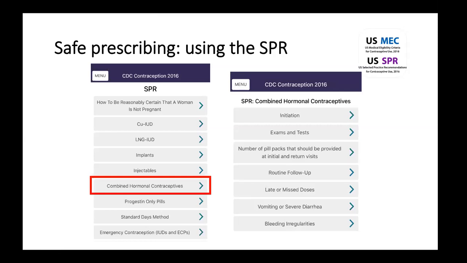But if that's the only method she can use or wants to use, and she feels very strongly that pregnancy is not something she would be comfortable with right now, then with documentation of that discussion and with my personal impression that she understood it and can make an informed choice, I won't withhold it typically. But you do want to recognize that you and she are taking on a little bit of increased risk.